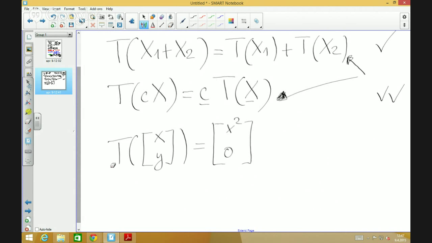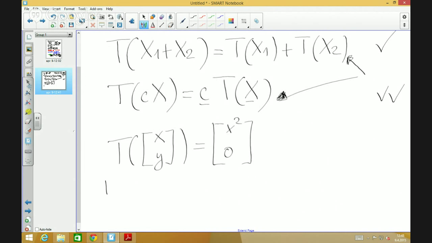You really need to just find some value of c and some vector x for which this property fails. That's all you need to do. In fact, in this specific case, you would be unlucky not to find some values for which this is false. So give me some values, and then we calculate.